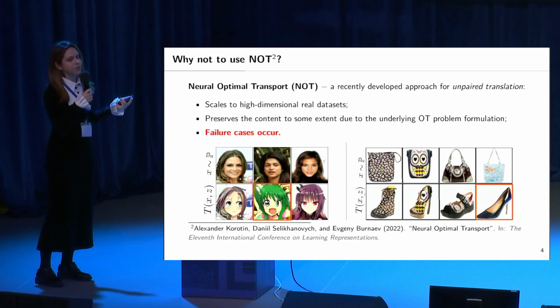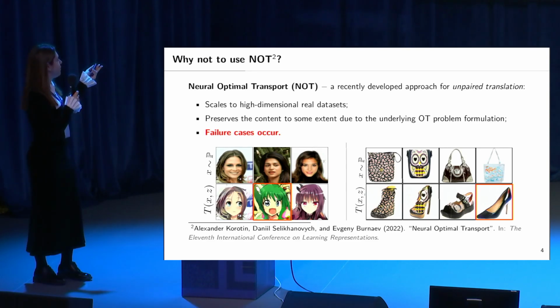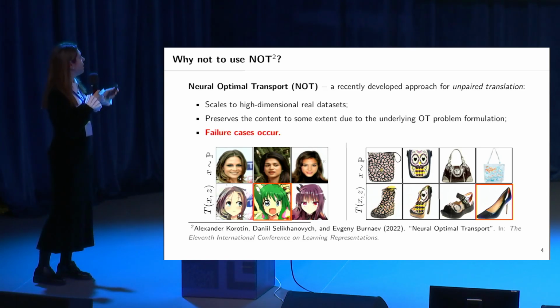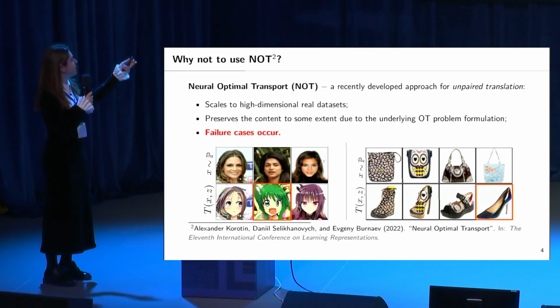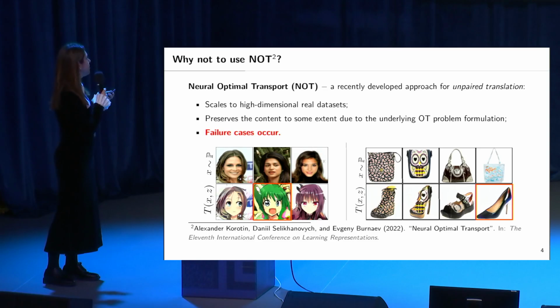However, in some cases, it fails to preserve the content, and I give examples on this slide. As you can see, a lady with brown hair becomes a lady with green hair, or the white bag becomes a black shoe, which is not okay in different tasks.